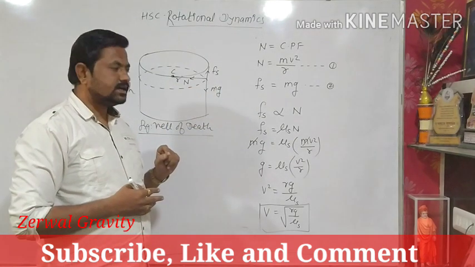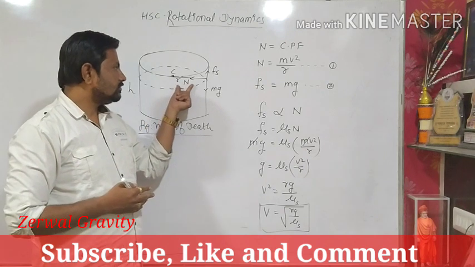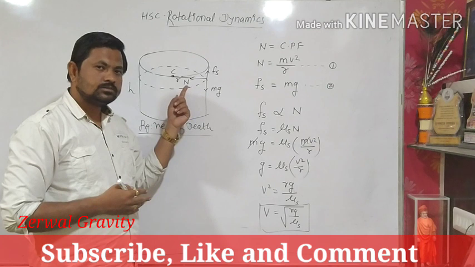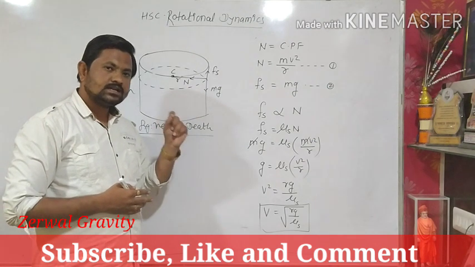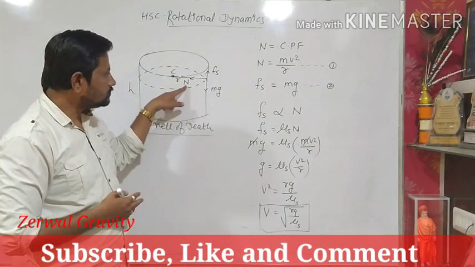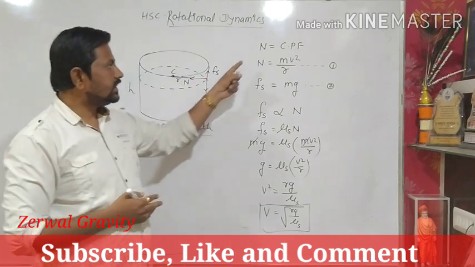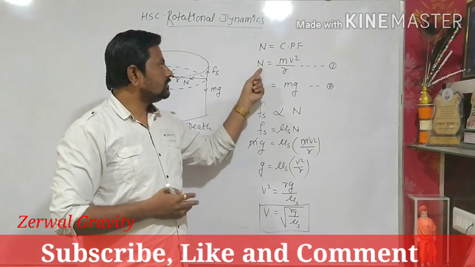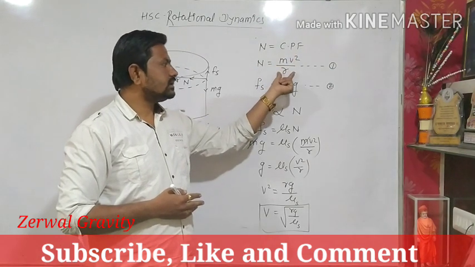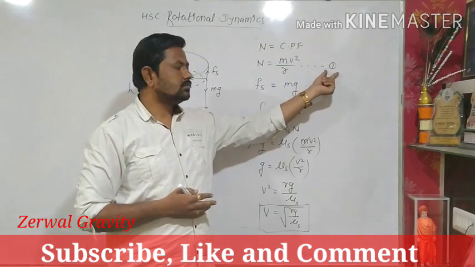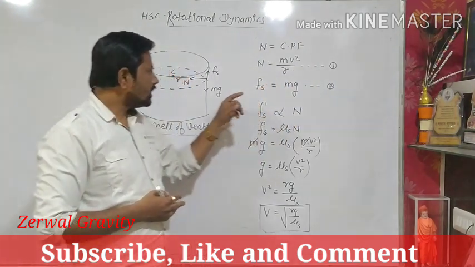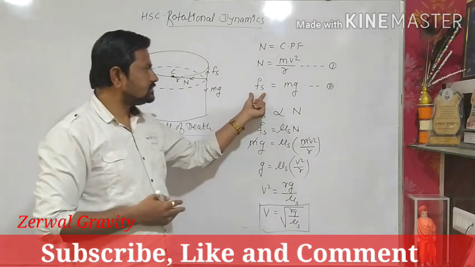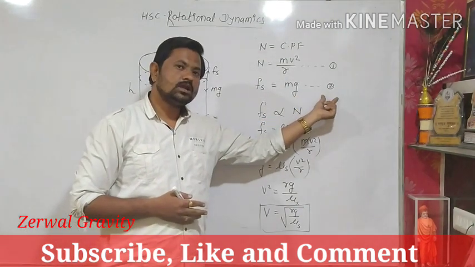Then the third point is that from the figure we can say that the body performs circular motion because of the centripetal force, and the centripetal force is provided by the force of normal reaction. So we can write normal reaction is equal to centripetal force, that is mv square upon r, stated as equation number 1. Now also from the figure we can write Fs is equal to mg, stated as equation number 2.